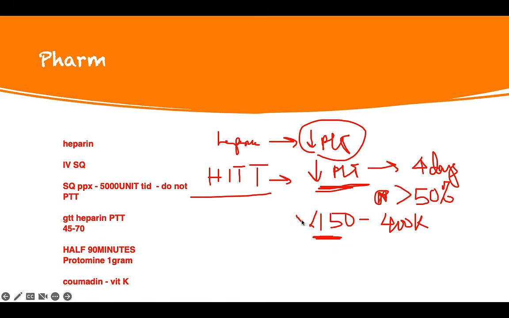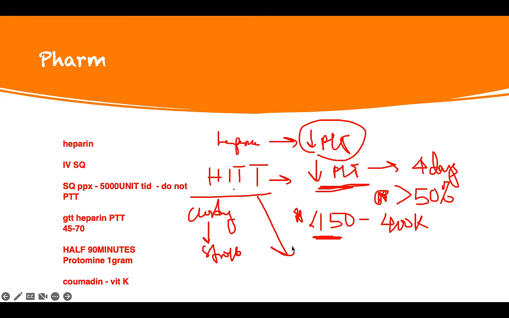So this is a priority patient. Heparin-induced thrombocytopenia. We give you this medication to prevent you from what? Clotting, so that you don't form a clot and get stroke. Listen carefully.